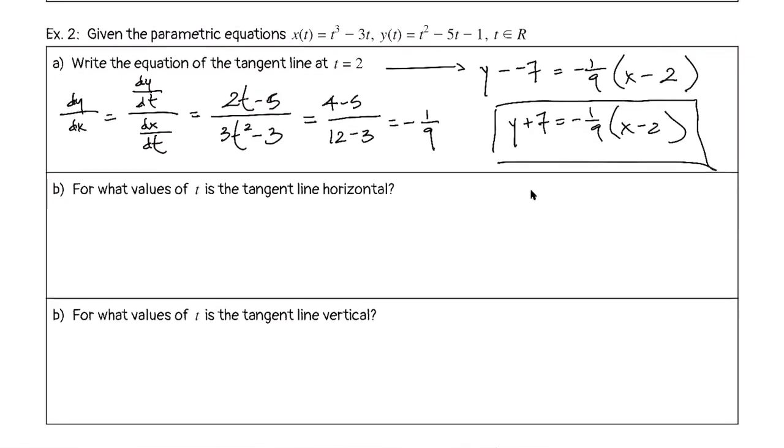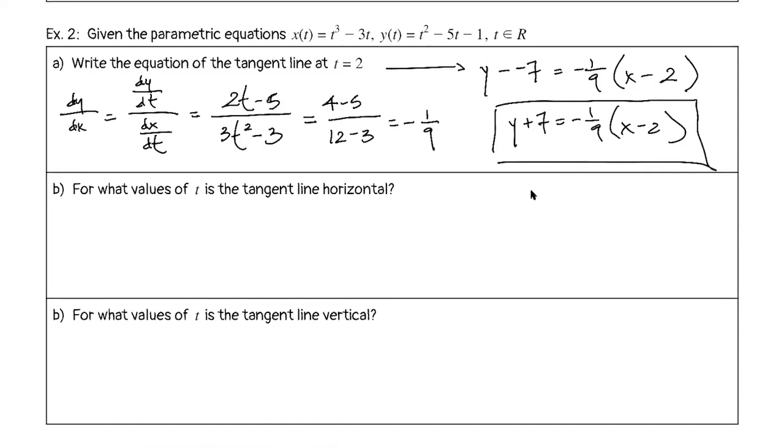So that's one useful thing about knowing the slope of a set of parametric equations. So what does it mean when we're looking at a tangent line that is horizontal? What does that mean, visually or conceptually? When the slope is 0. Good.